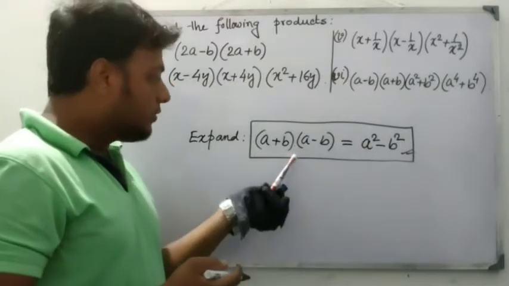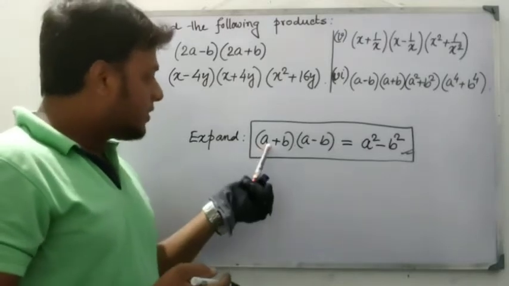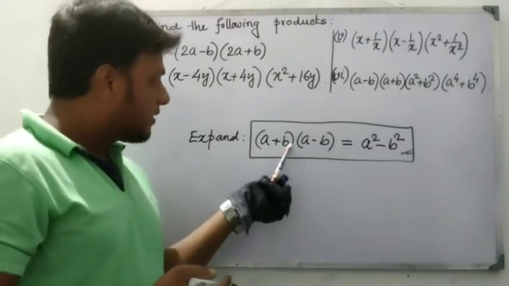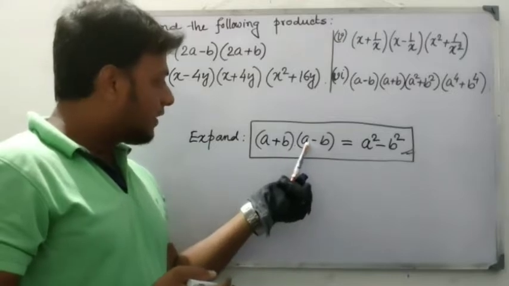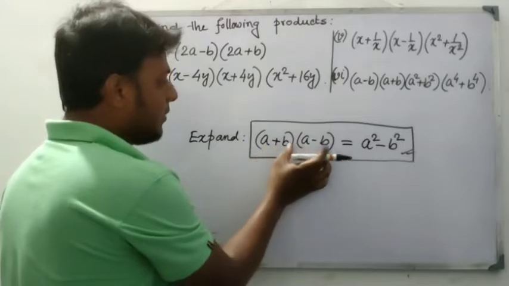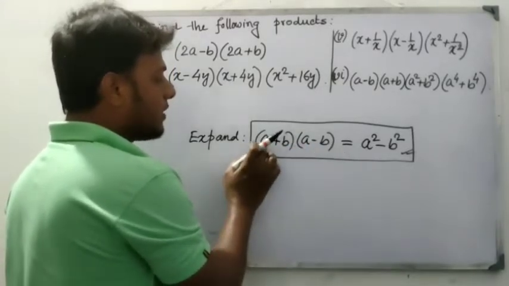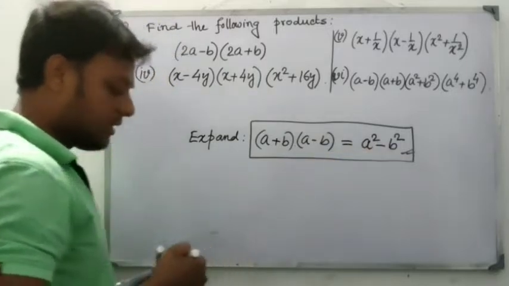Okay, so we will use this result now directly here. A plus b means what? First plus second. In the second factor, first minus second, these two are same thing. A plus b, a same, b same. So (a + b)(a − b), then we can write the first one is square minus second one is square. Is it clear?